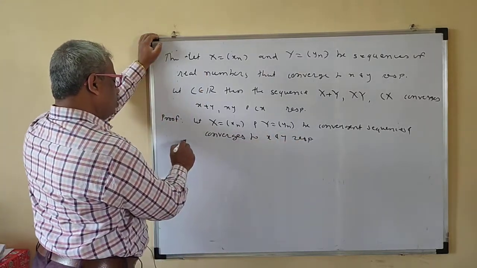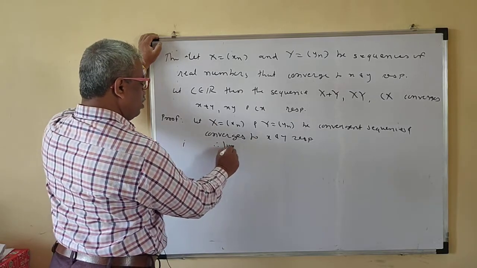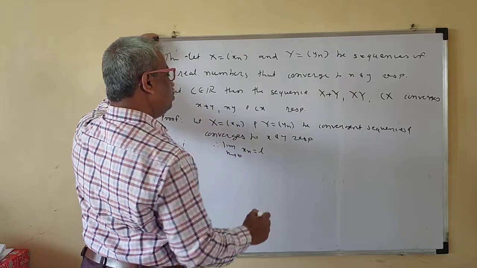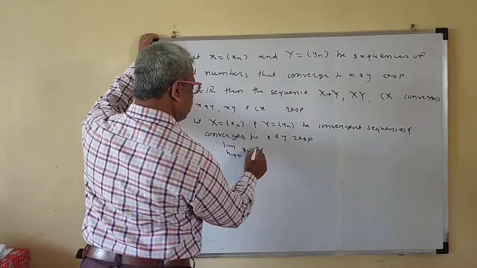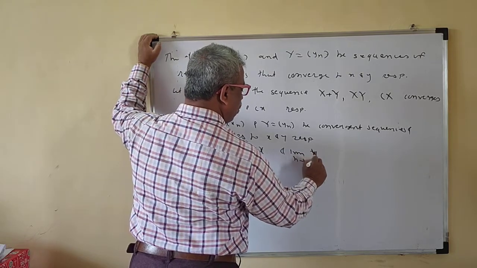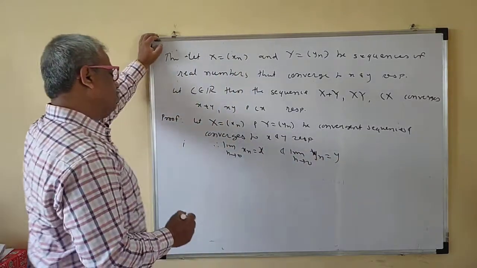Therefore the limit as n tends to infinity of xn is x, and the limit as n tends to infinity of yn is y. This is given.